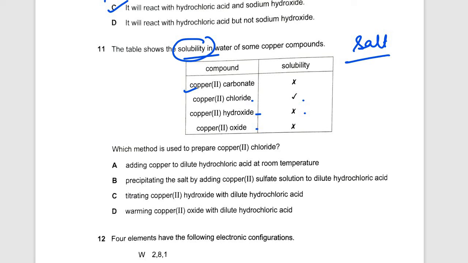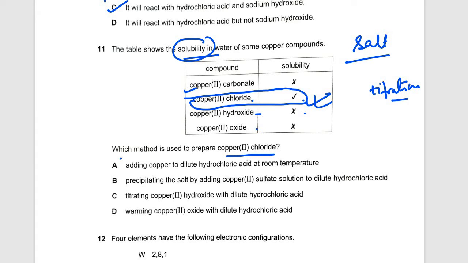Which method is used to prepare copper chloride? They already gave you a chart, so it is soluble. If it is soluble, you cannot use the precipitation method. You only have the titration method, or the acid plus metal method, or the acid plus oxide method.